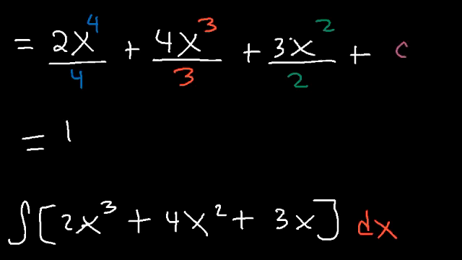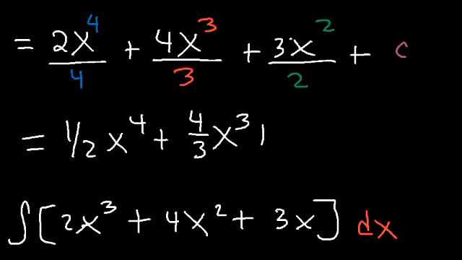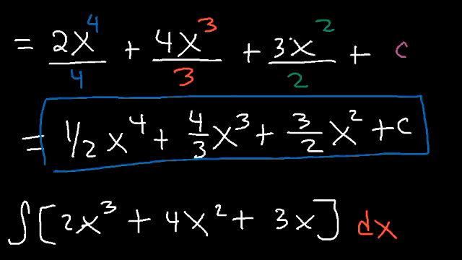So that reduces to 1/2 x to the 4th plus 4 over 3 x cubed plus 3 over 2 x squared plus c. So this is the answer to this problem.